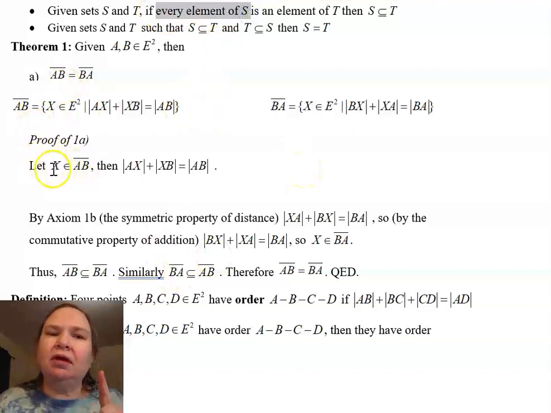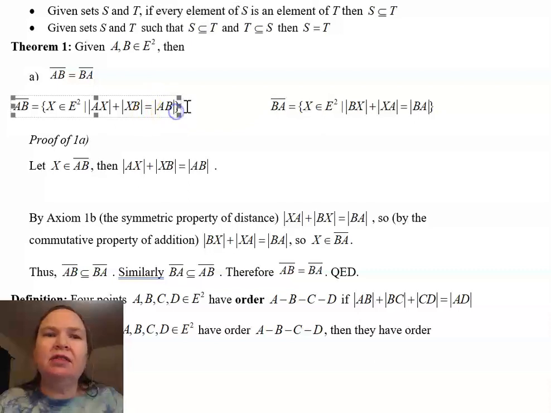I'm going to name an element of the first set and I'm going to name it X. Then I have my definition. What does it mean for X to be an element of that set? Well, it means that it satisfies this property. And so I can write down that property that's true for X.